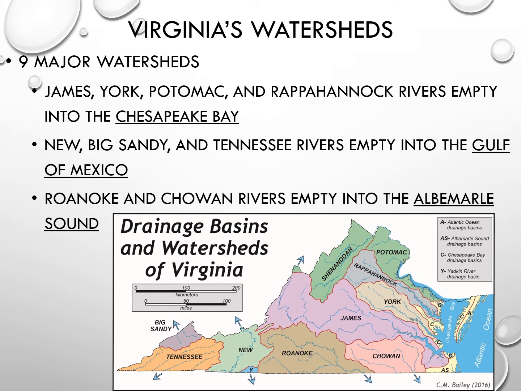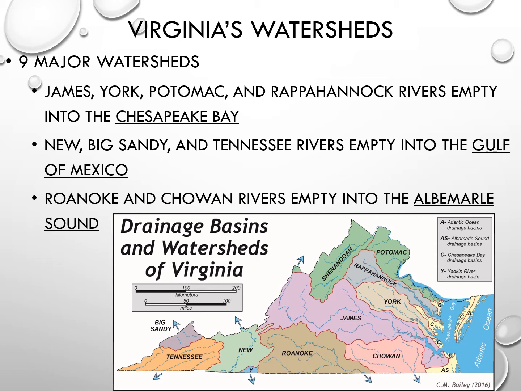Now, Virginia does have 9 major watersheds, and they're kind of broken up into 3 groups. So the river watersheds, those are the 9. So there's 9 rivers, and then 3 larger bodies of water that they flow into. So the Chesapeake Bay watershed includes the river watersheds of the James, the York, the Potomac, and the Rappahannock. The Gulf of Mexico watershed includes the New River, the Big Sandy River, and the Tennessee rivers.